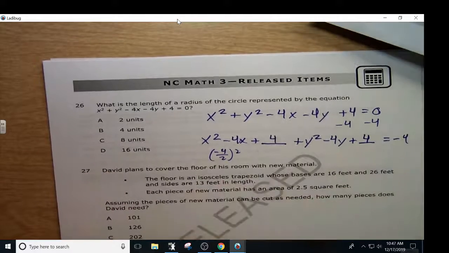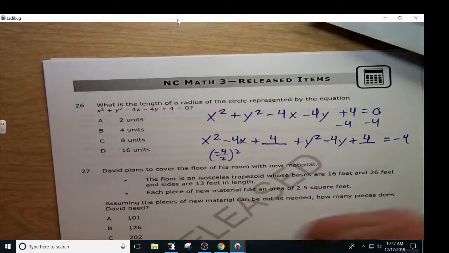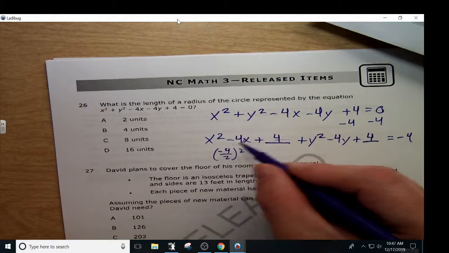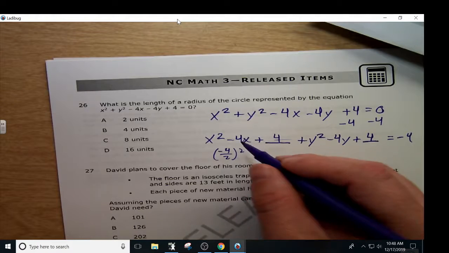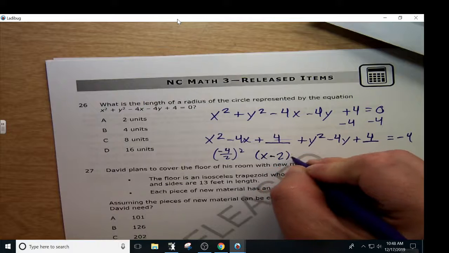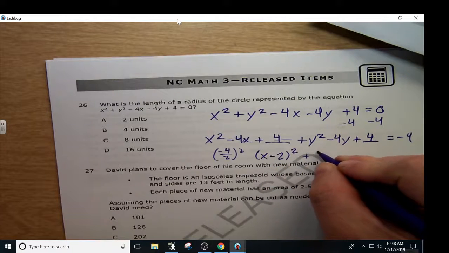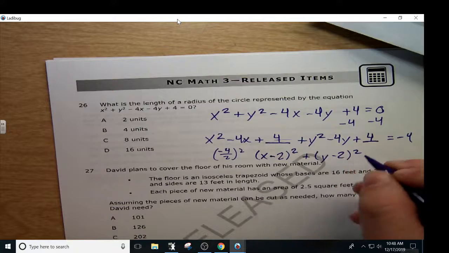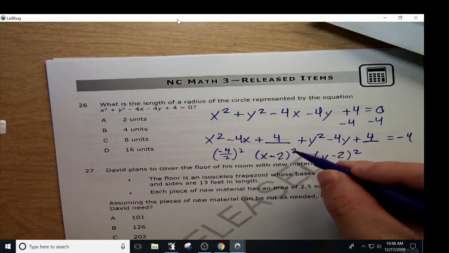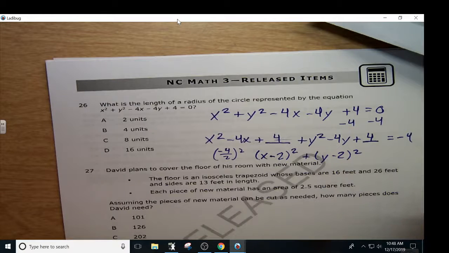Well, actually not. Let me see. Hold on a minute. All right. So now, let's make this look like that would be x minus 2 squared plus y minus 2 squared. And then you're going to subtract. But if I subtract those, it's being negative. But the radius would be squared.